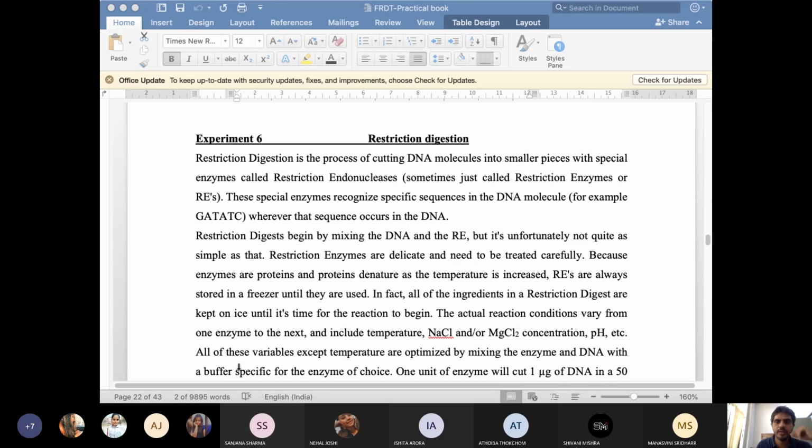Okay, so before moving to our next practical, would any one of you like to ask any question or doubts regarding the DNA separation process? Any query?